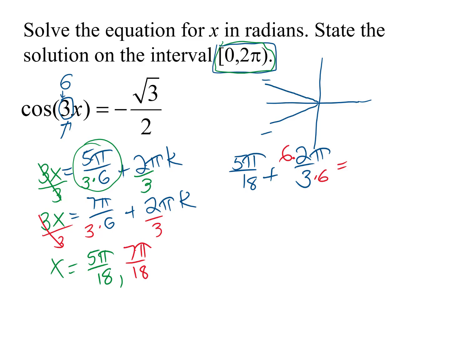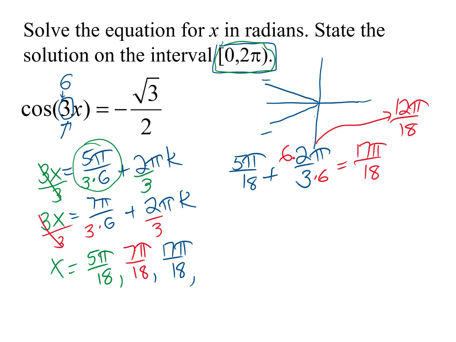So that's going to be 12 pi 18ths. That is 2 pi thirds, but converted to 18ths. So I just need to add 12 to the 5 and get 17 pi 18ths, and that would be my next angle. So I'm going to put that on here, 17 pi 18ths.